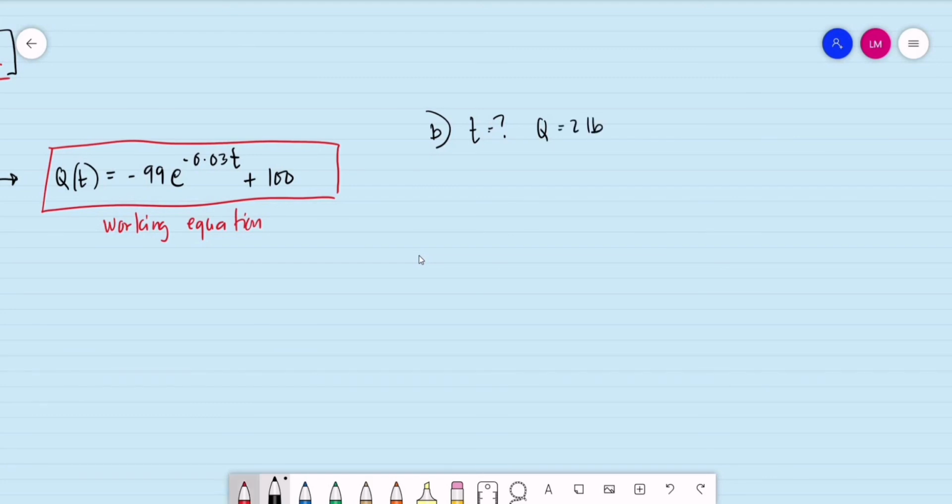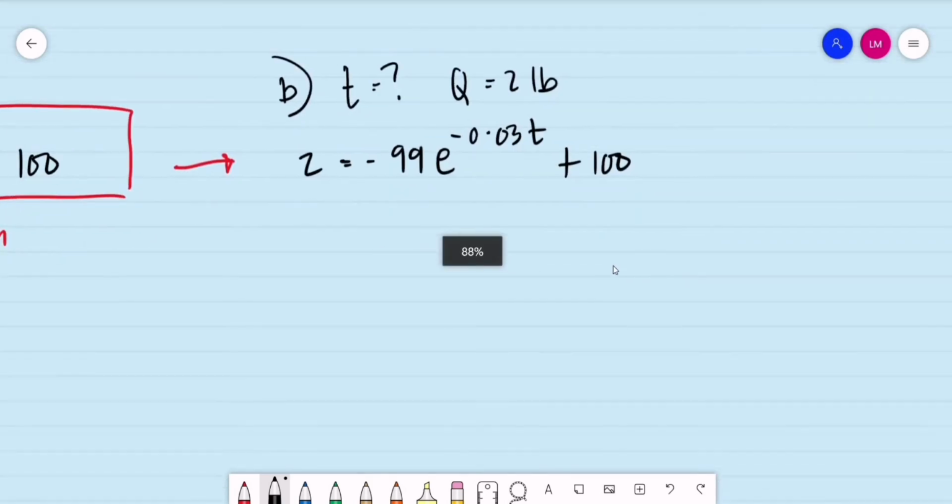From our working equation, we substitute. So Q of t, the amount of salt, that will be 2 pounds is equal to negative 99 e raised to negative 0.03 of the time plus 100.